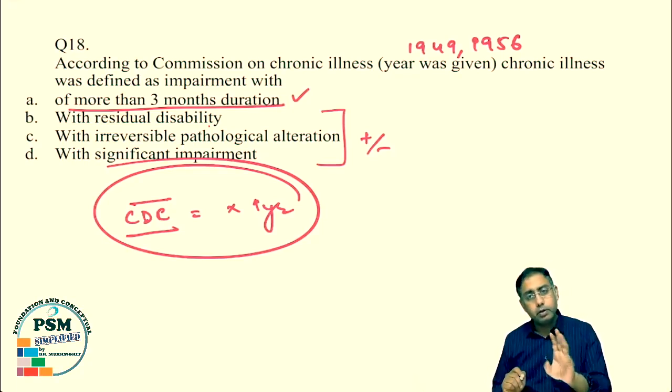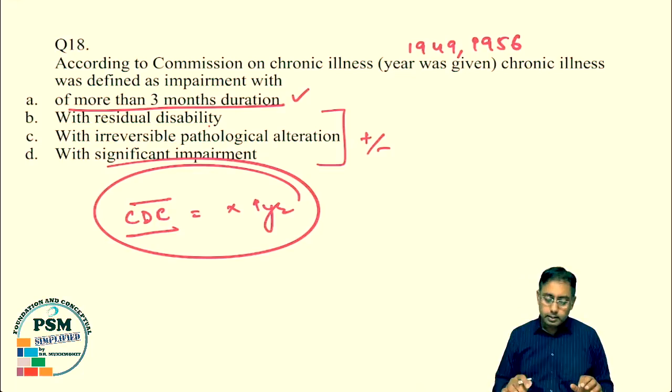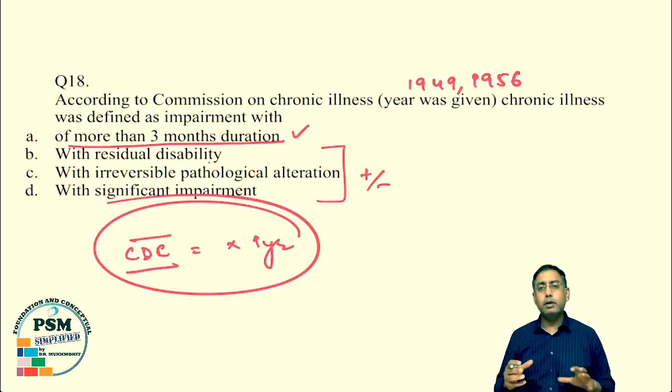More than 3 months, we call that chronic illness. CDC is particular in the sense that there's a lot of budget and financial liabilities involved with chronic disease, so they might have taken that as criteria. But anyways, this question is pretty simple. I would like to mark option one as my best option.